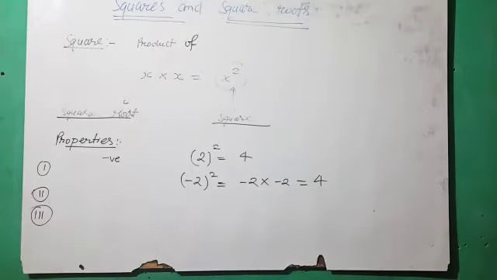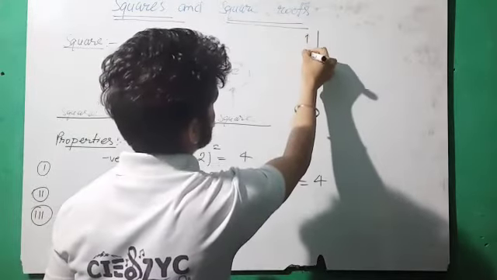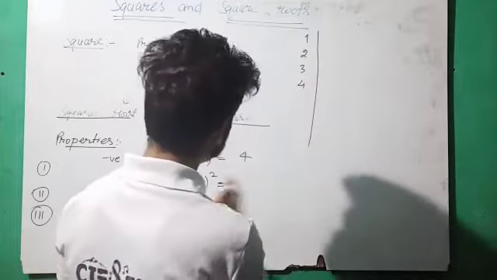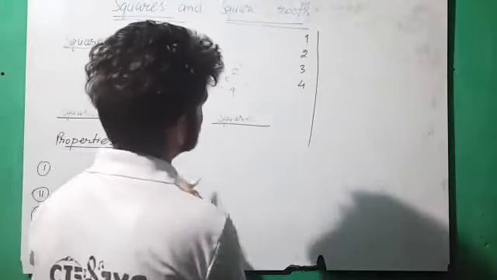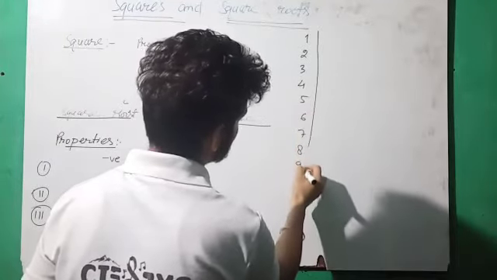Then the second property: we have only 10 digits. 1 2 3 4 5 6 7 8 9 and 0.